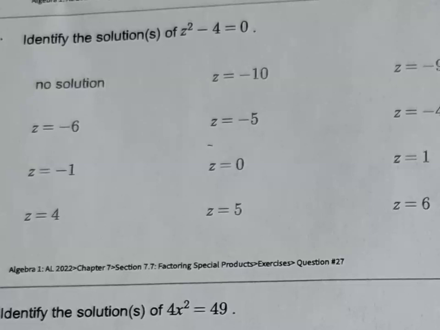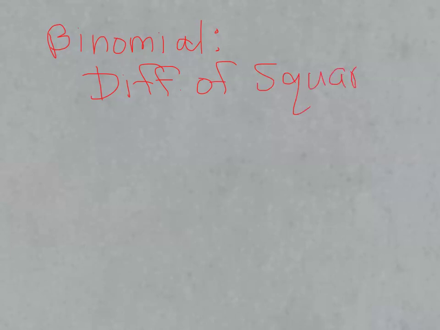The 2 patterns: if it's a binomial, 2 terms, we want difference of squares. And that one's going to be a squared minus b squared is a plus b times a minus b.